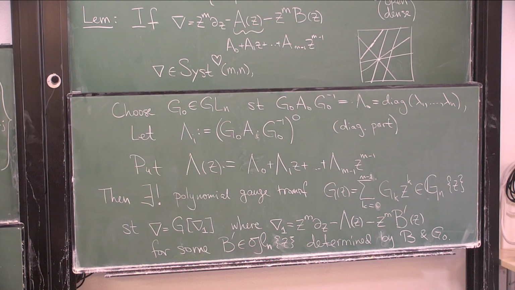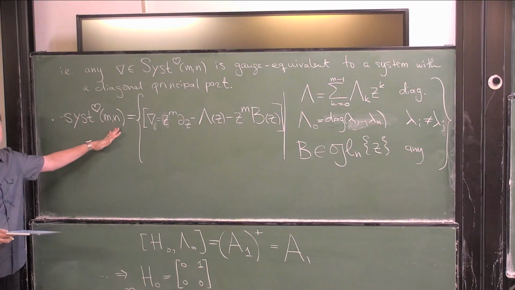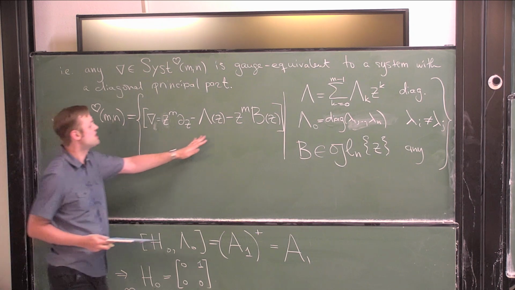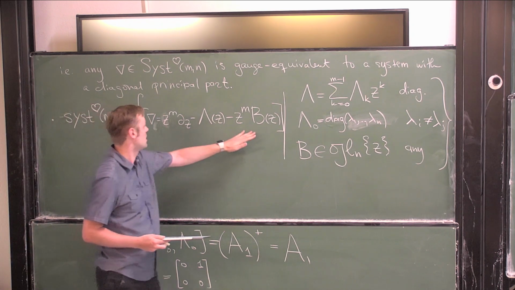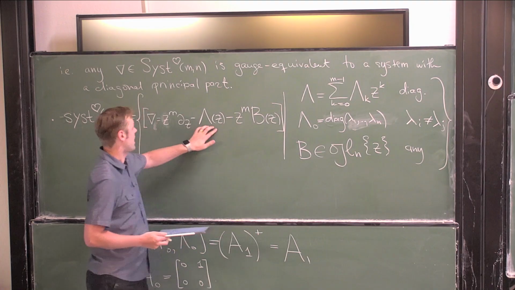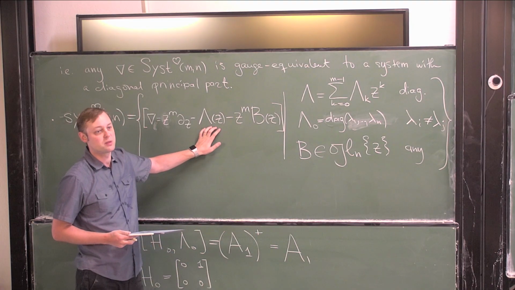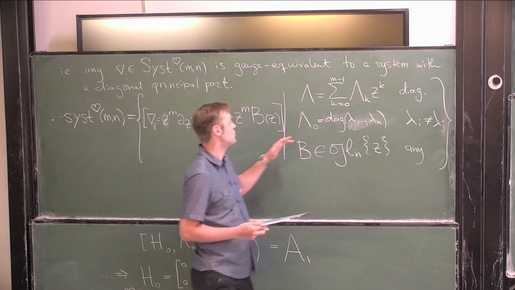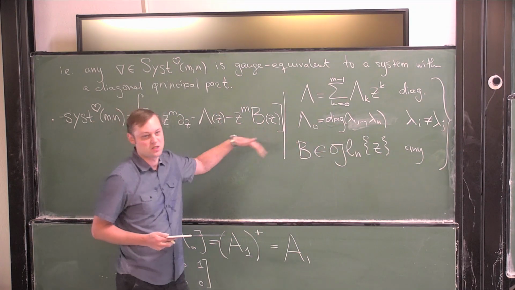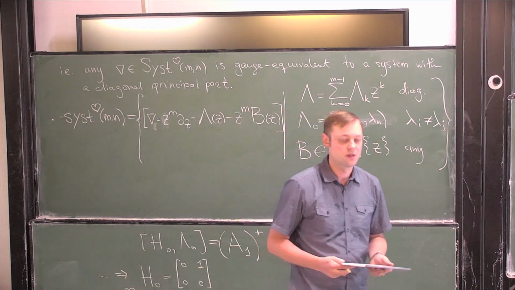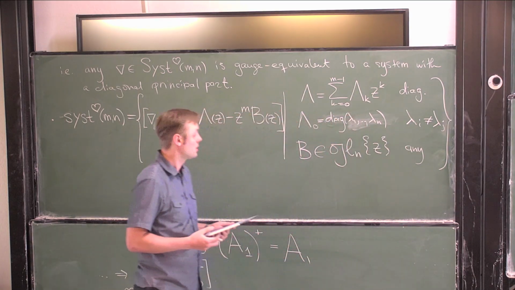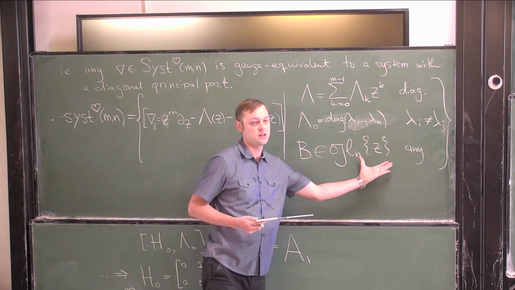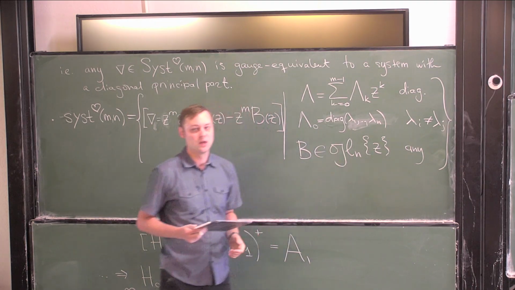So in some sense, this is a complete description of this moduli space, but it is unsatisfactory because although we now have a very good handle on this principal part, essentially a bunch of diagonal matrices, this B of z is just completely wild. It's this entire enormous space.